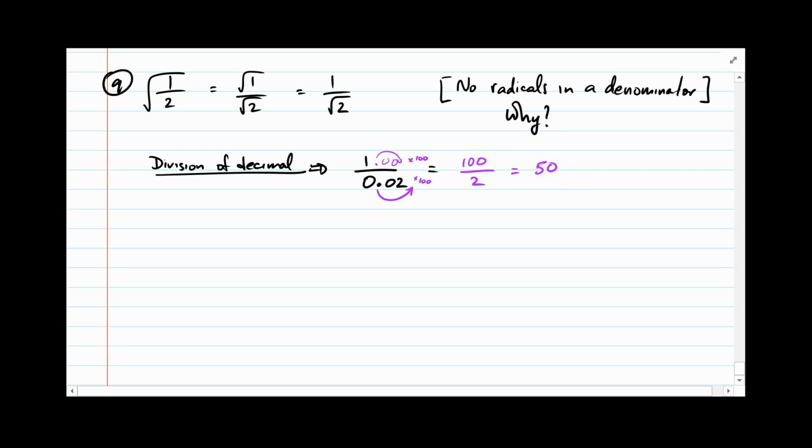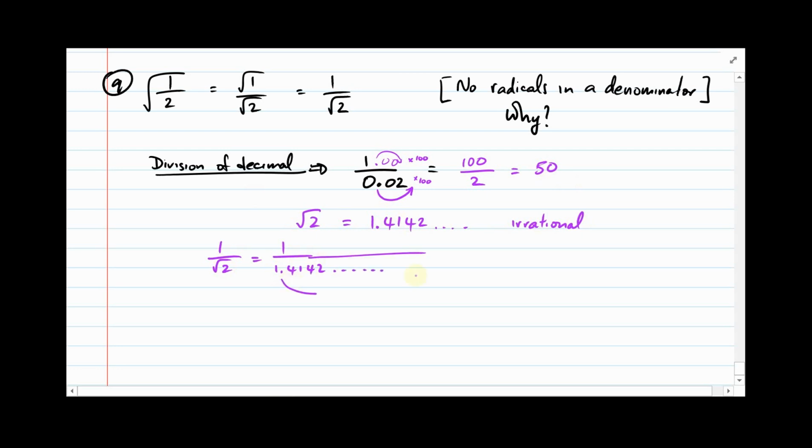All right. Now, what about the square root of 2? Square root of 2 is 1.414, but it changes. This is irrational. So if I should have 1 over root 2, then it is over this number that goes on and on forever.